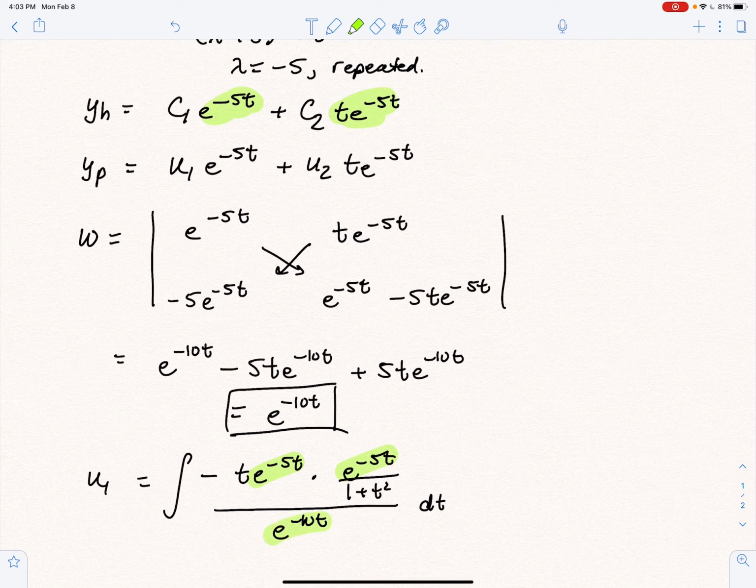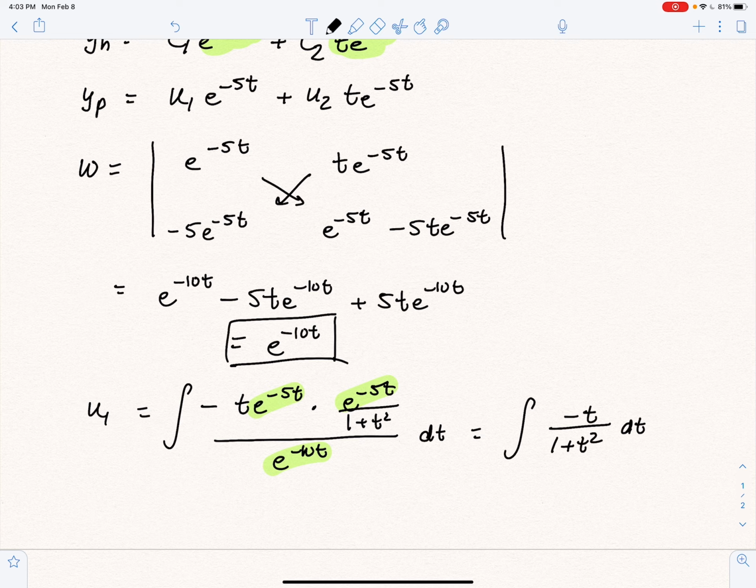So divided by e to the negative 10t, it just goes away. So we're left without the exponentials. So you have negative t over 1 plus t squared, which after a u substitution would give us negative 1/2 natural log of 1 plus t squared. And remember, we don't need the arbitrary constants because all that's going to produce is more terms that overlap with the homogeneous solution. So that's our u1.